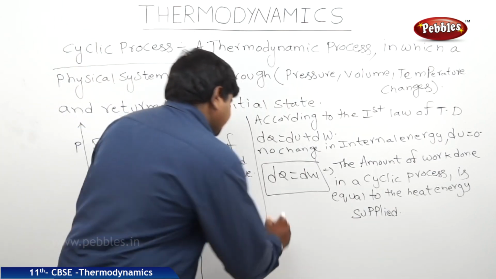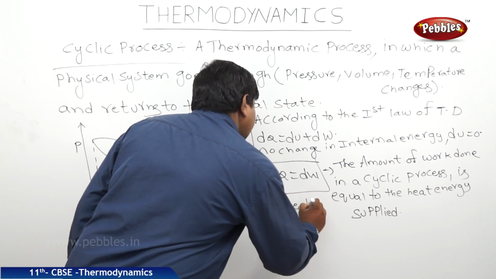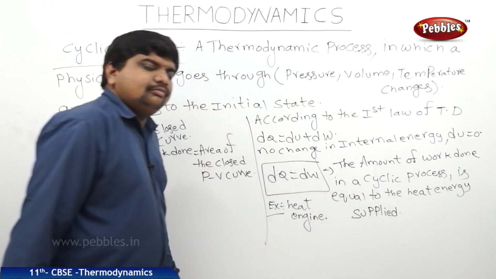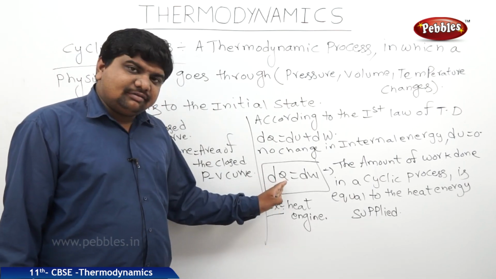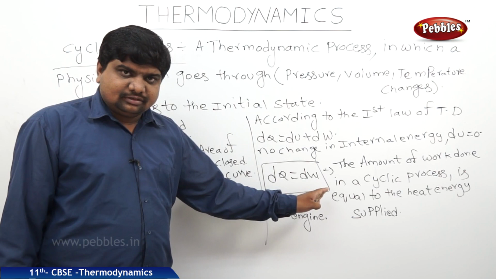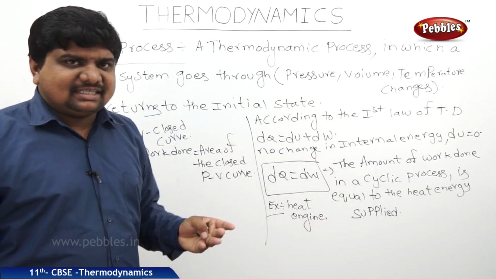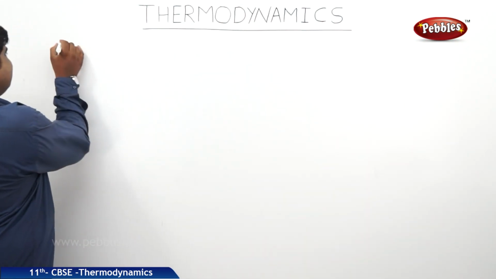Example is heat engine. But this heat engine doesn't convert the whole heat energy to work. There will be some conversion, the remaining will be released in the form of exhaust gases, nothing but the loss. We will discuss in the next part. The next one is non-cyclic process.